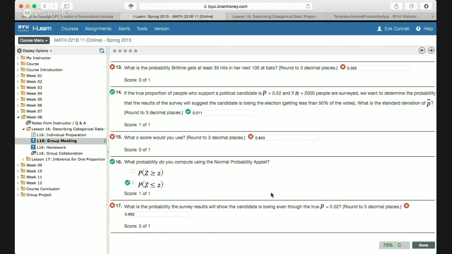So wouldn't P hat equal P times the square root of P times 1 minus P divided by N? Yeah. So then that would make P hat equal to 0.0058 for what we're doing.